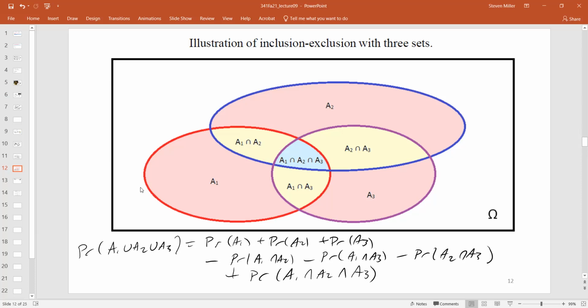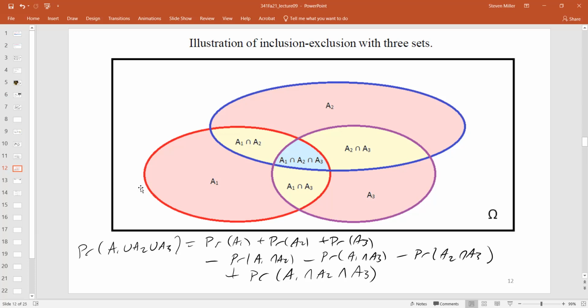And what you can do is imagine an element in different places and see how often it is counted. So as a check, imagine X is in A1, but not in A2 or A3. So if X is in just A1, I count it once from the probability of A1, and I don't count it any other time. Now imagine you have an X that's in A1 and A2.